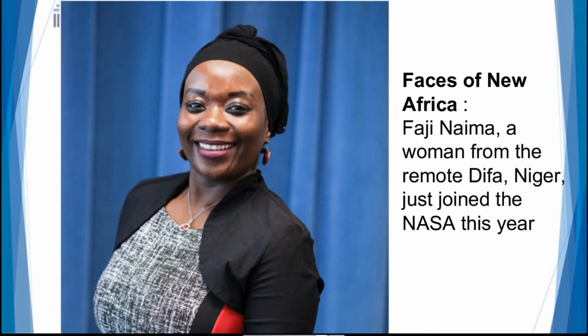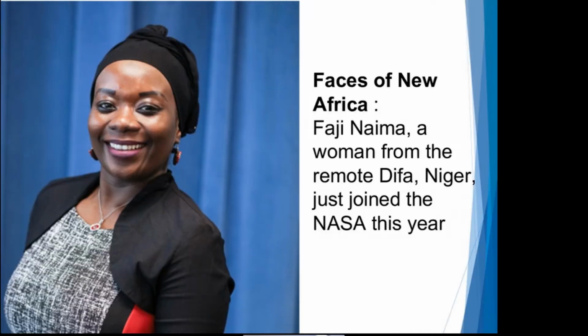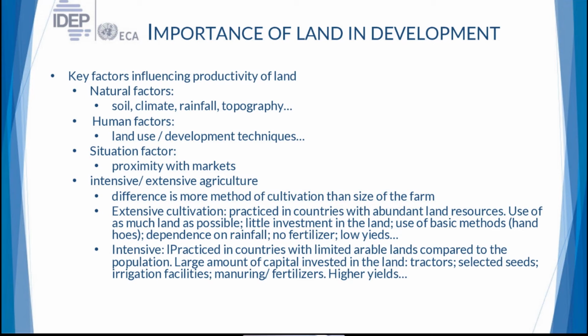Difa is a very far remote village in the eastern part of Niger, and she just joined NASA this year, a few months ago. So this is to show how the people constitute really the most important factor for developing our land resources.